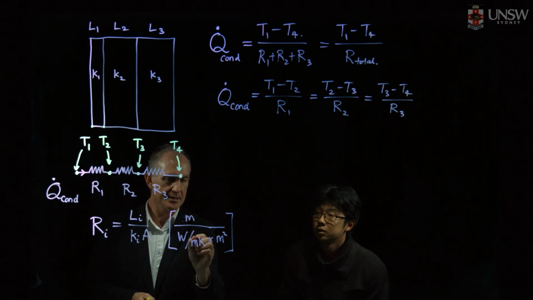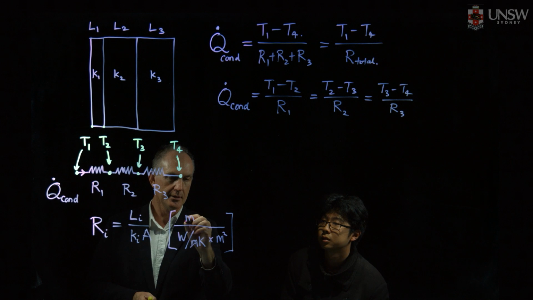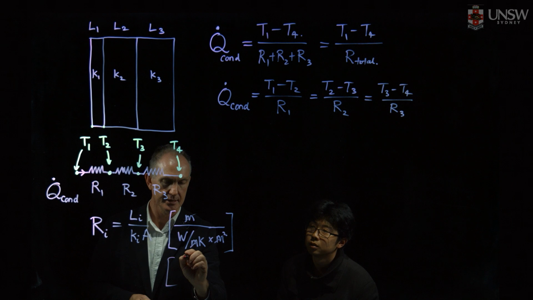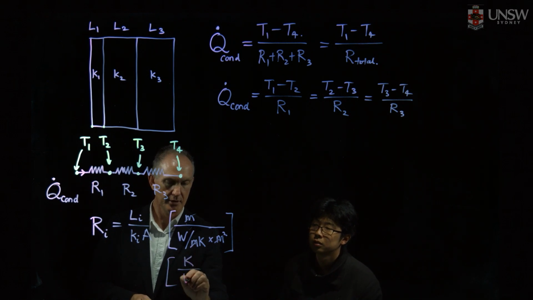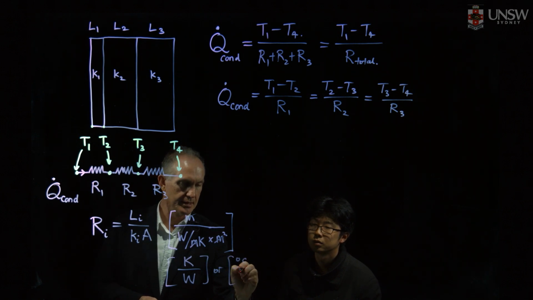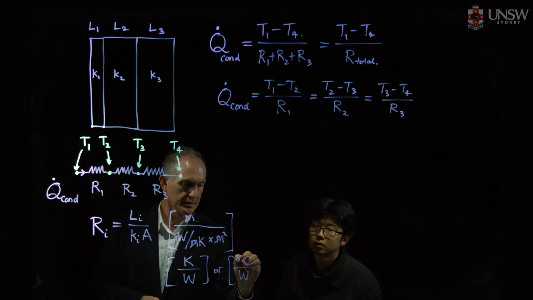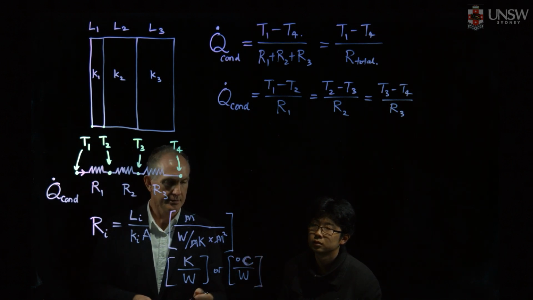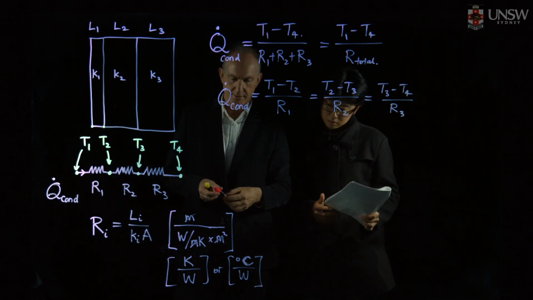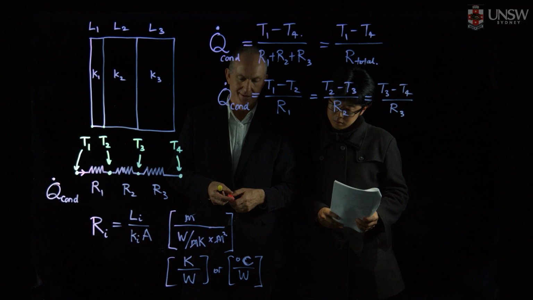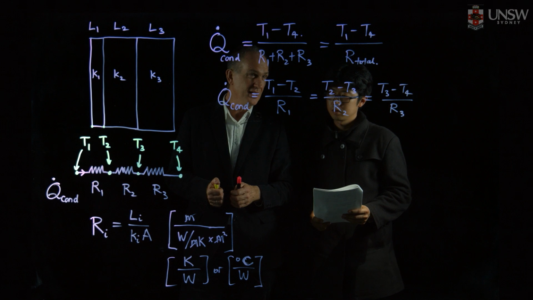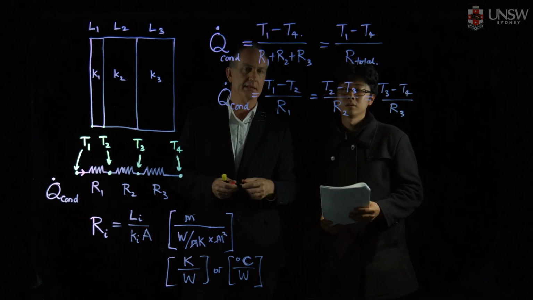This meter and this meter cancel out with this meter squared. So the units here are Kelvin per watt, or we could have written degrees C per watt. Either of those is equivalent because we're dealing with differences in temperature, so delta temperature, Kelvin or degrees Celsius, same thing.